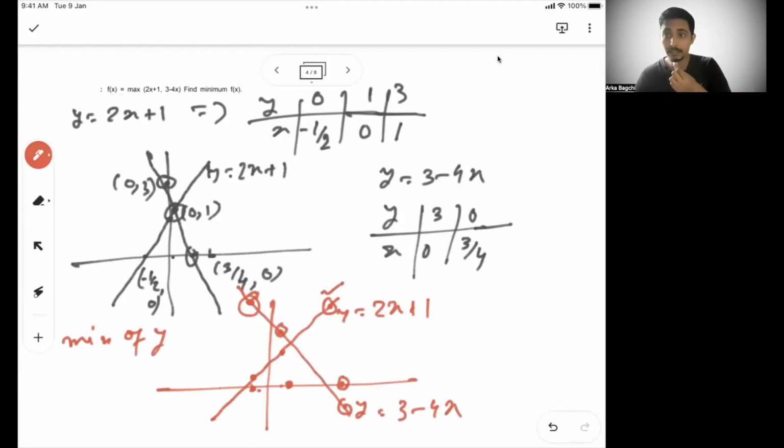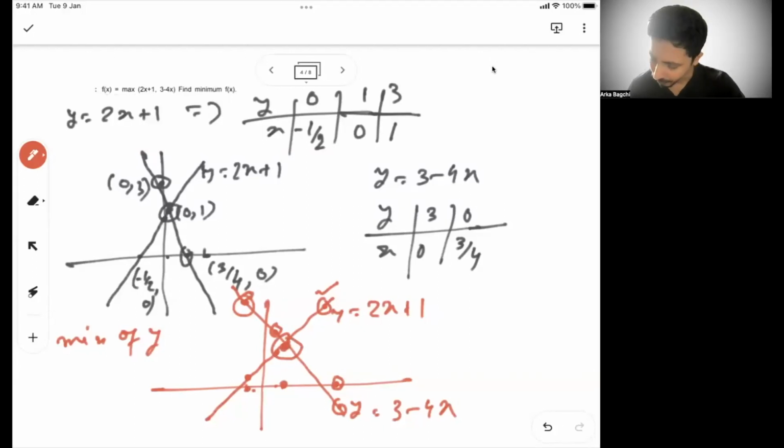So if you see this typically, your maximum points are always higher. It is minimum only when it is here at the intersection point. If you see carefully, the minimum value of y can only be achieved when the value of x is giving you the y, which is the intersection of these 2 points.